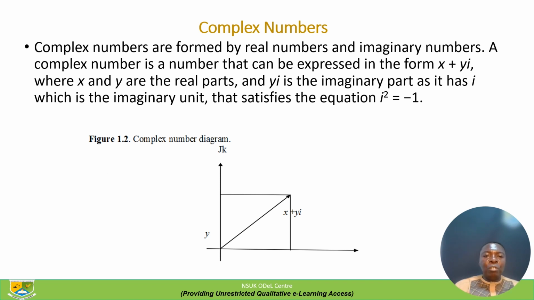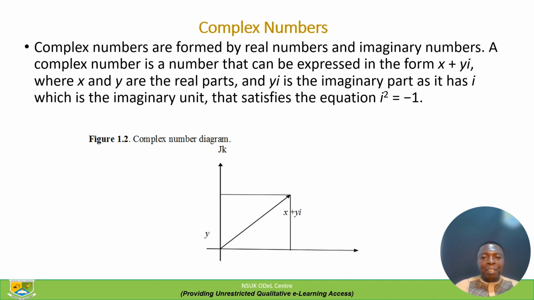The complex numbers are formed by real numbers and imaginary numbers. A complex number is a number that can be expressed in the form of x plus yi, where x and y are the real parts, and yi is the imaginary part, as it has i, which is the imaginary unit.